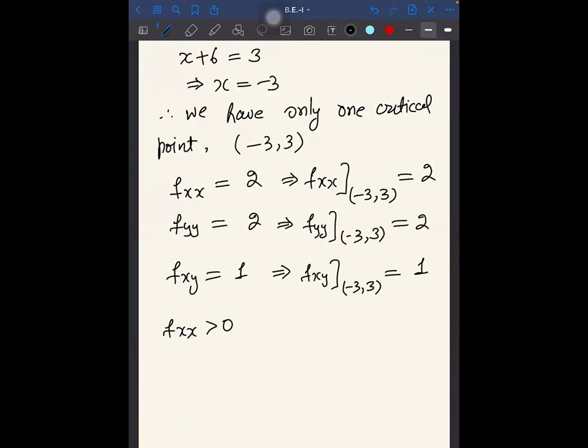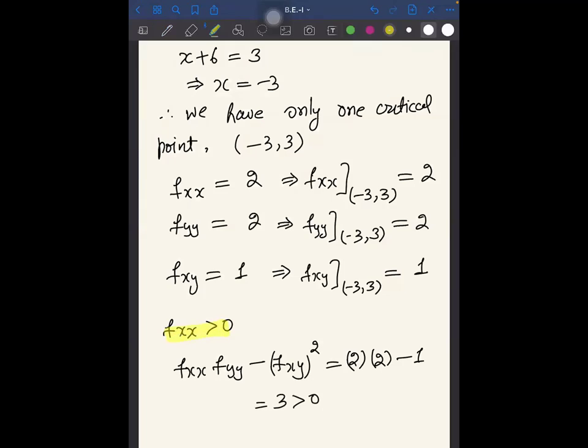So it can be a point of minima if we check the rest, that is fxx fyy minus fxy whole square. That is 2 into 2 minus 1, that means 3, which is positive. So both these conditions are satisfied. This is greater than 0 and fxx is positive.